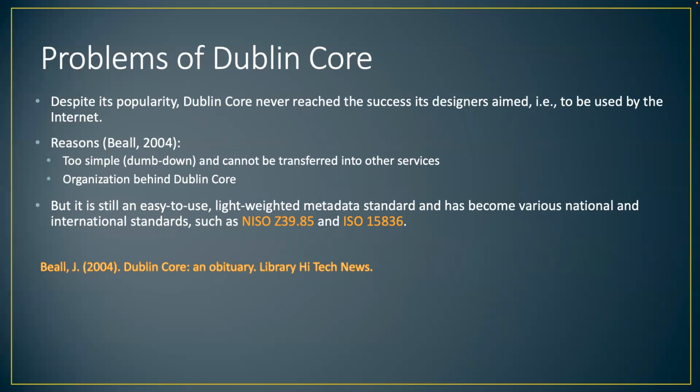And of course, Dublin Core has also become various national and international standards, such as the NISO standard and the ISO standards, International Standards Organization. Which makes Dublin Core a very stable standard that can stay here, and we can use it consistently in the future if we need to.